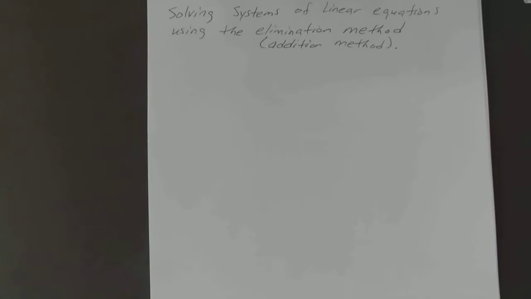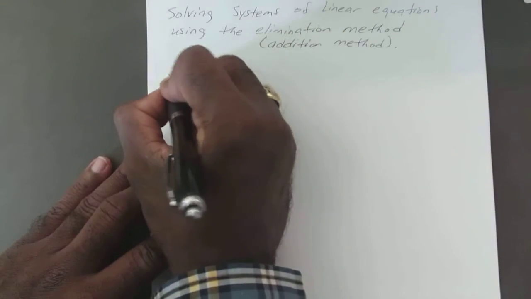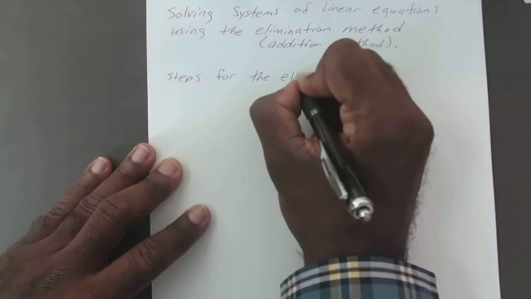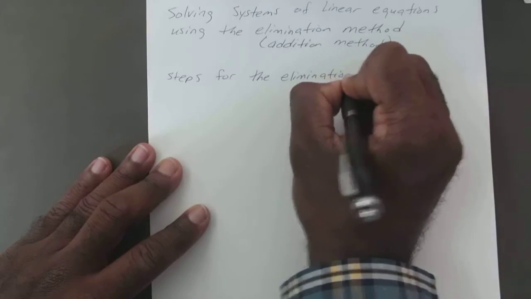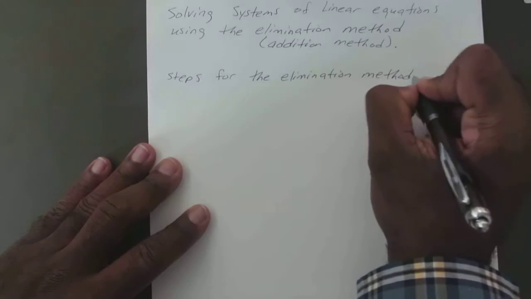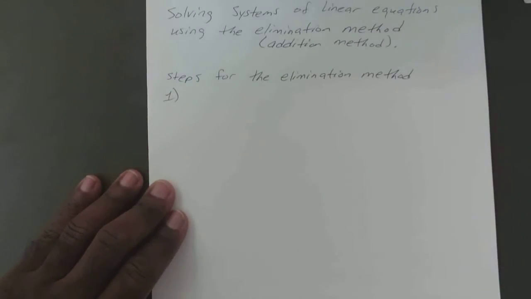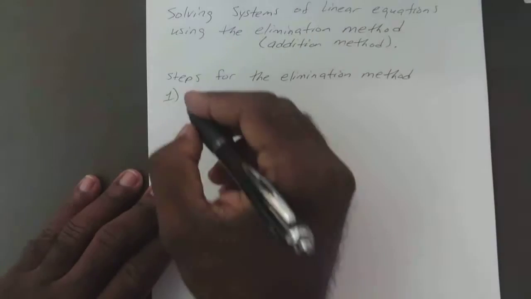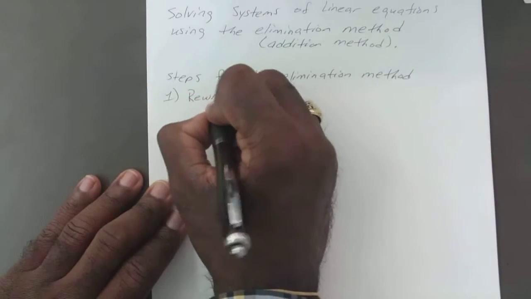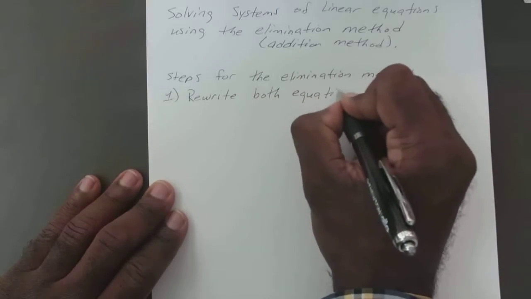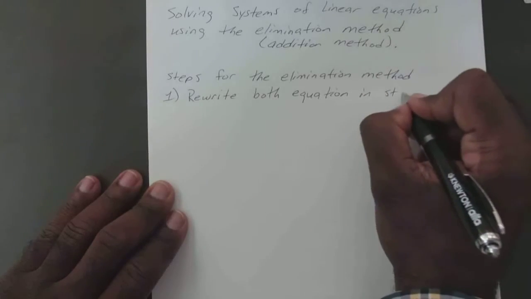All right, so this one has a few extra steps compared to the other method. Okay, so we'll just write down those steps. Steps for the elimination method. Step 1, you want to rewrite both equations in standard form.